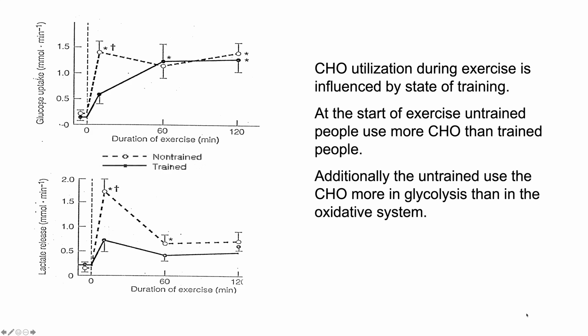You can see the top one, glucose uptake between trained and untrained. You can see the huge uptake of glucose in the non-trained in the top one. But the problem comes in too, remember, what happens during times we're using primarily carbohydrate for fuel? Well, what gets produced? Lactate. So you can see the bottom down there, lactate formation, trained versus untrained.